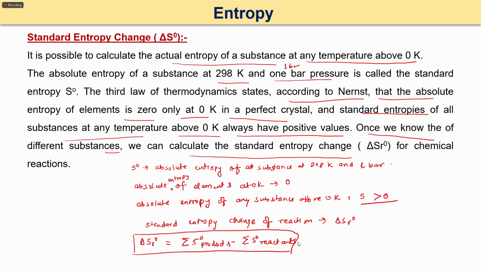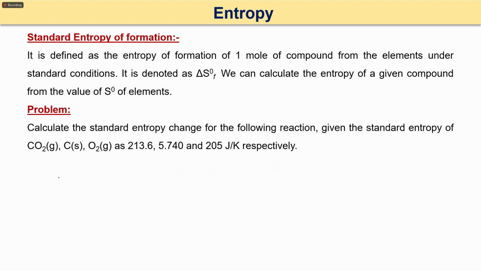So what is standard entropy of formation? The standard entropy of formation is defined as the entropy of formation of 1 mole of a compound from the elements under standard condition, and it is denoted by delta S F naught.